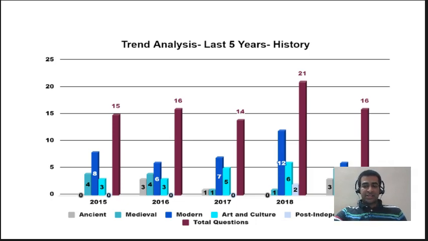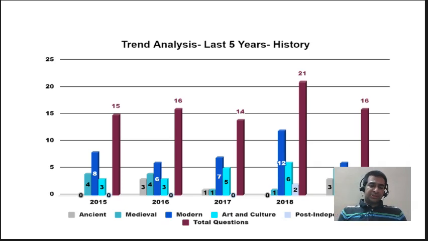At this stage, it becomes even more important because topics like modern Indian history are like low-hanging fruits, where with little amount of effort, you can convert almost all the questions with relative ease compared to other topics such as environment or biodiversity or science and technology, where the topics are much broader and the depth of questions is also very demanding. So this is where we can actually leverage your history preparation.